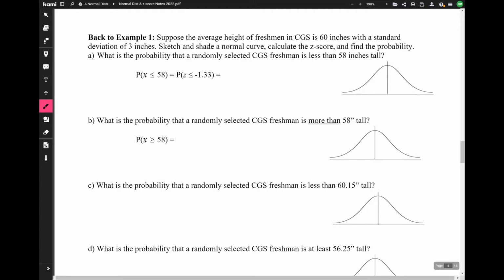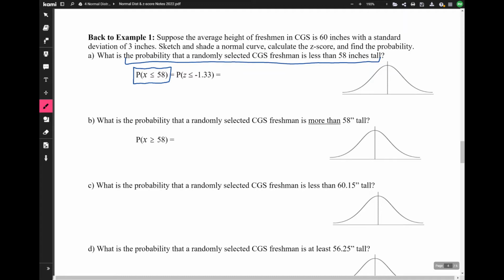We want to calculate the probability that a randomly selected CGS freshman is less than 58 inches tall. And that is represented by these symbols right here. That refers to the probability that an observed value x is less than or equal to 58 inches tall.